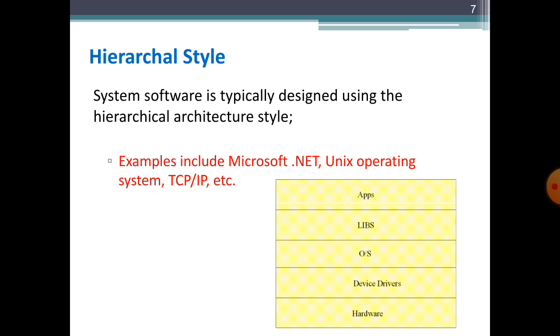So these hierarchical styles are normally utilized by software systems which are typically designed using the hierarchical architecture style. For example, system software is usually built with the help of these architecture styles. Examples include Microsoft .NET, Unix-based operating systems, transmission control protocol, or internet protocol.